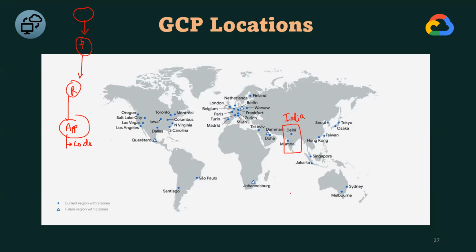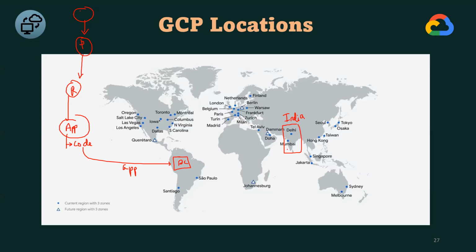Now I will tell you one thing. Assume that this is your North America, and here we have a data center. If you deploy your code here, what will happen is that the application will be available in this particular data center, but the users are in India.